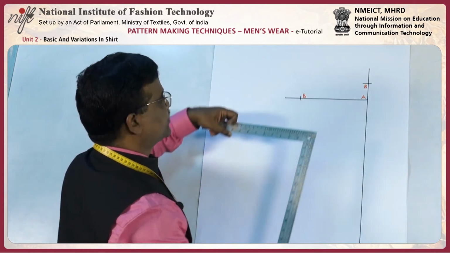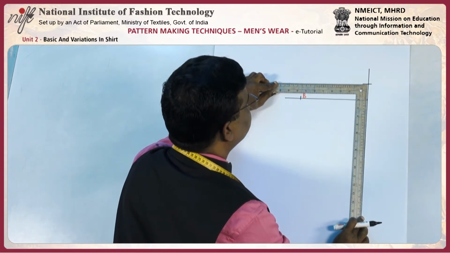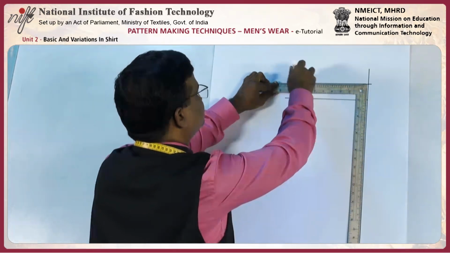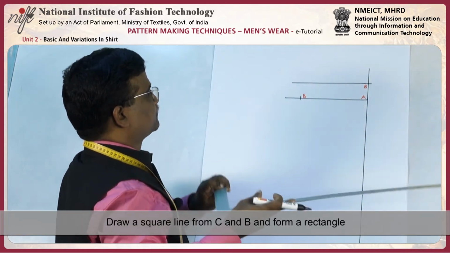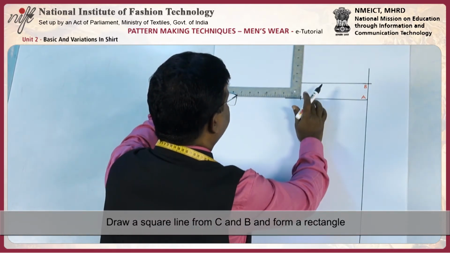From B, square out, and from B, square up.